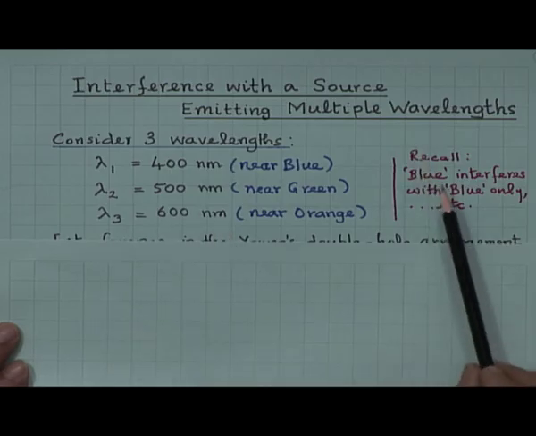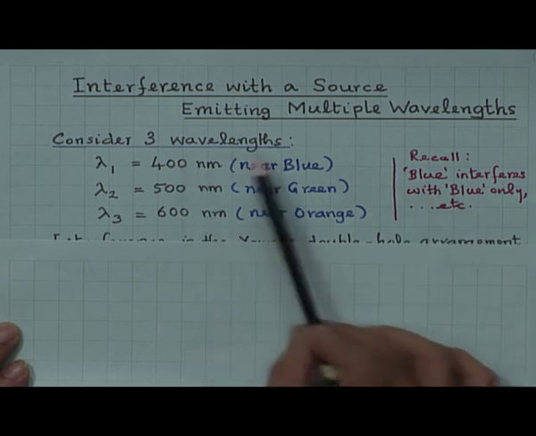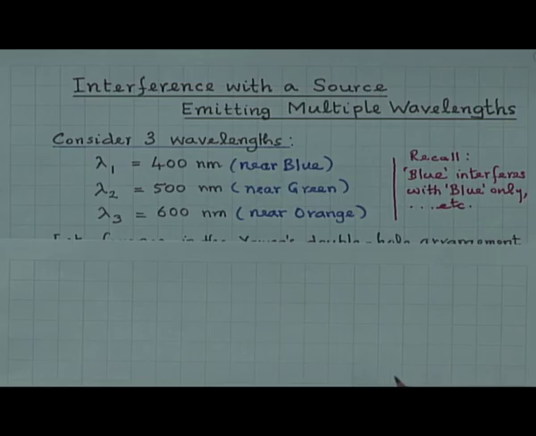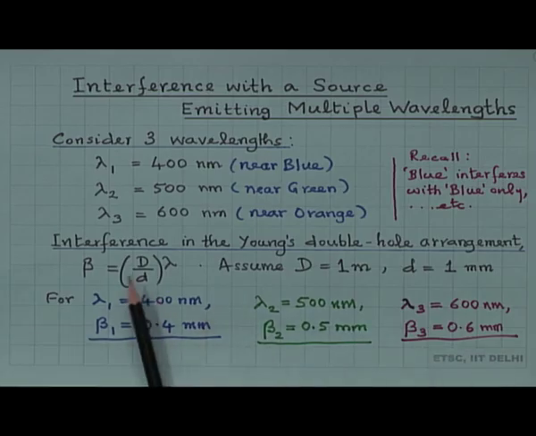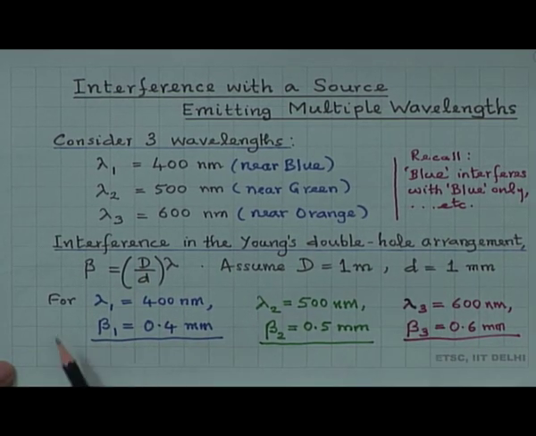So, recall that blue interferes only with blue. In other words, blue will not interfere with green. We have just now discussed that two different wavelengths do not interfere, but blue will interfere with blue, and therefore, in the double hole arrangement, due to blue color we will have fringes with a certain fringe width beta.